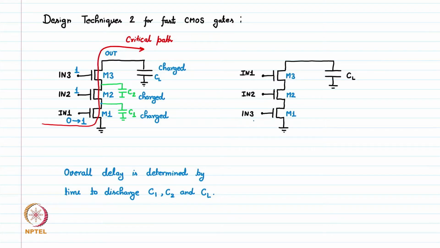And now input 3 is, as we said, already 1, input 2 is already 1, and input 1 is making a transition from 0 to 1.